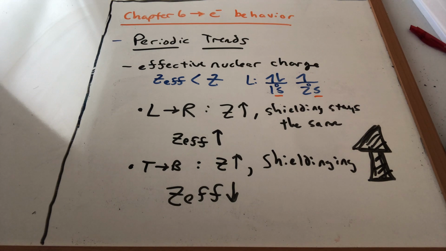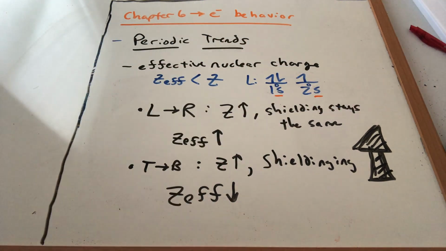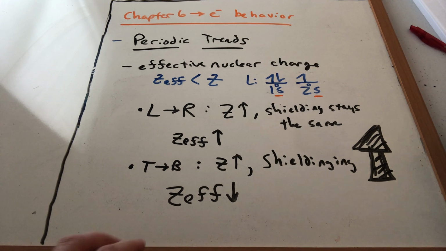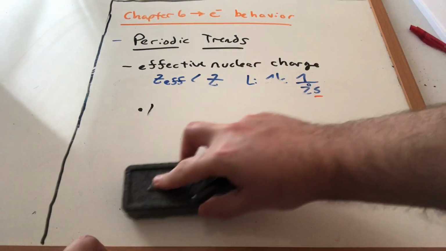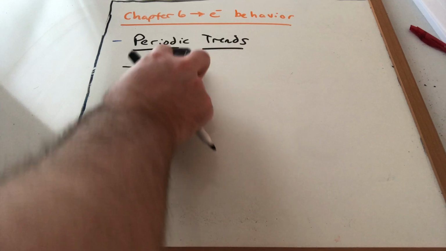So what the outer electron feels is more pull as you go left to right. And what the outer electron feels is less pull as you go top to bottom, down a column on the periodic table.